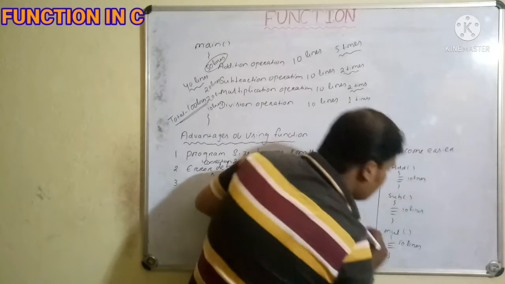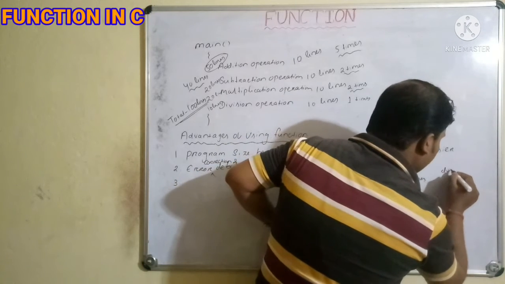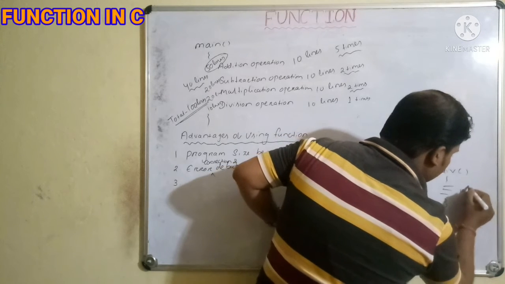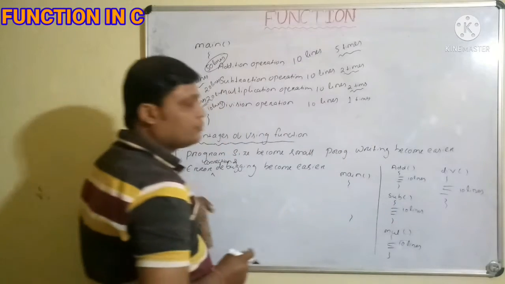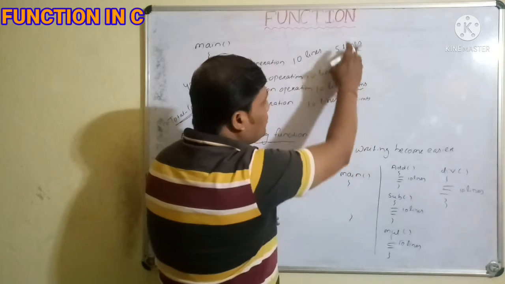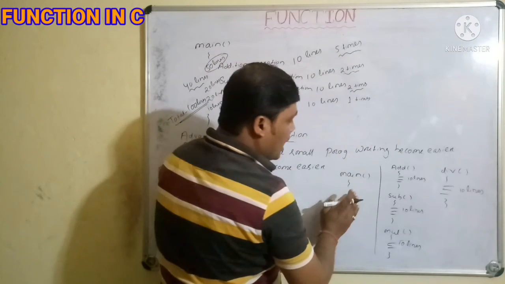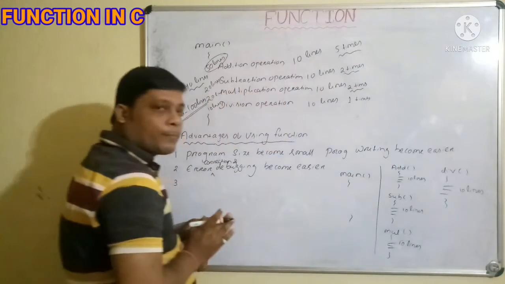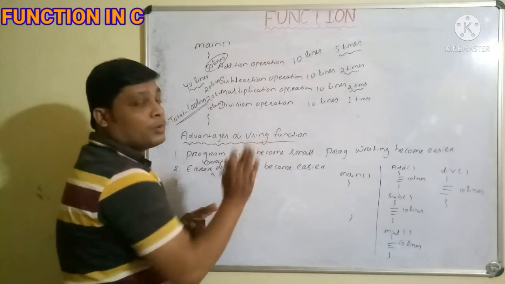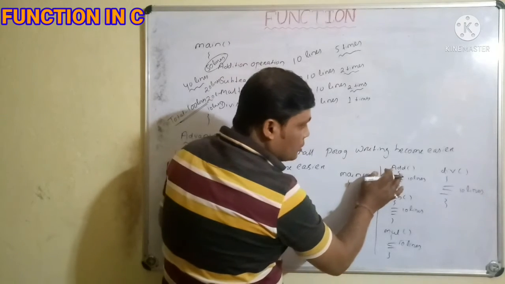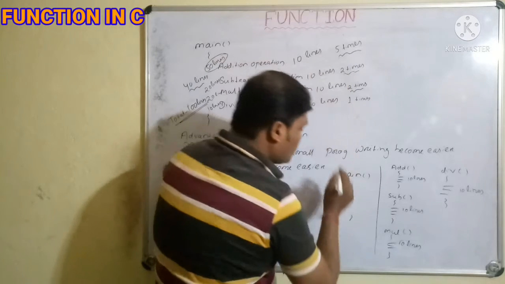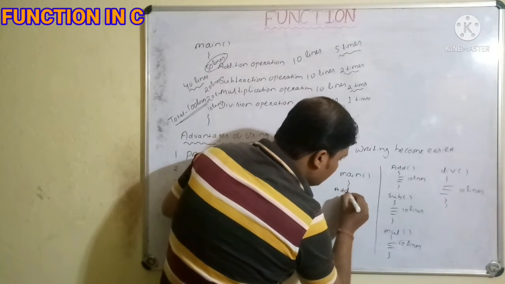Clear? Then suppose division, for division the same 10 lines. Clear? And to perform these many times, I will just call those functions. What is the advantage? How does program size become small? Just see. Suppose I want this addition operation 5 times. So I will call the addition function 5 times.